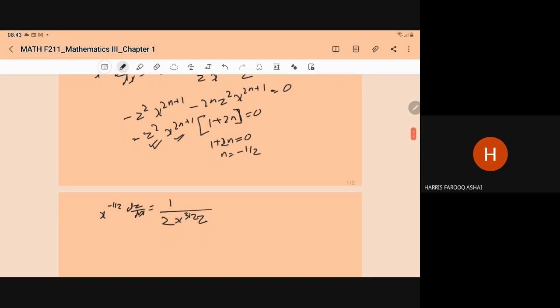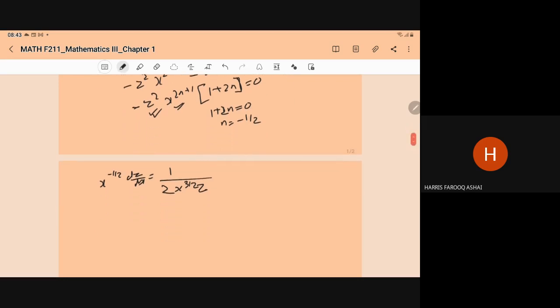So this will give you dx dz. On this side we have 2z, and on this side x goes in the denominator, so 1 upon x will remain. So what is the benefit here? You have separated the variable.